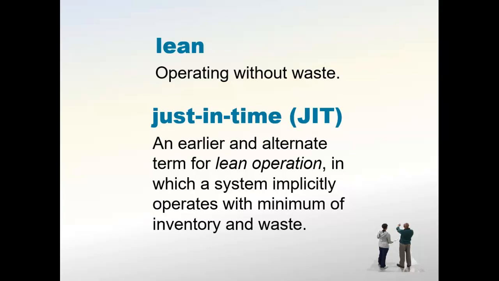Lean operations are now practiced worldwide by many types of organizations. And just-in-time is an earlier and alternate term for lean operations, in which a system implicitly operates with a minimum of inventory and waste.